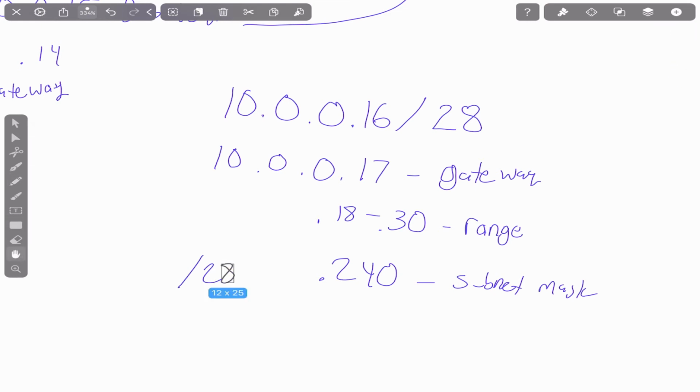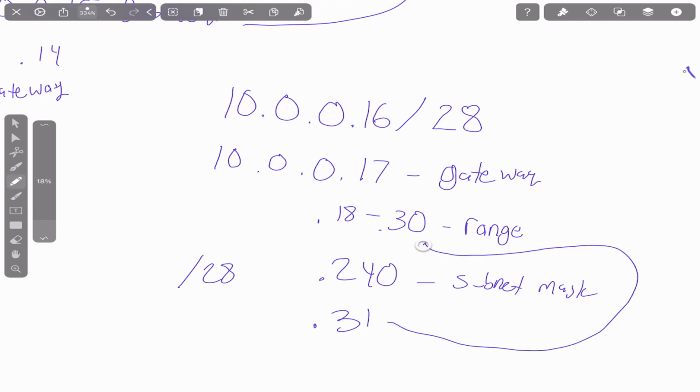We already knew that though, so that's good. That's 1, 2, 3, 4. And one more thing. That's going to be our broadcast address. Our broadcast address is going to be .31, because it's the last IP address that is there, one step up.